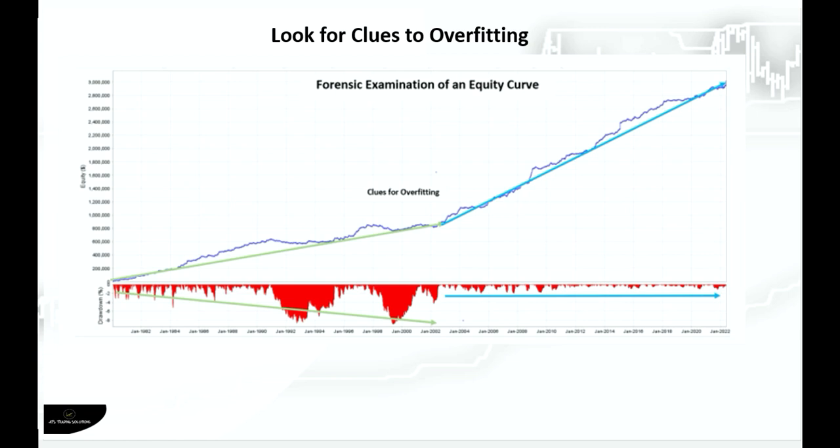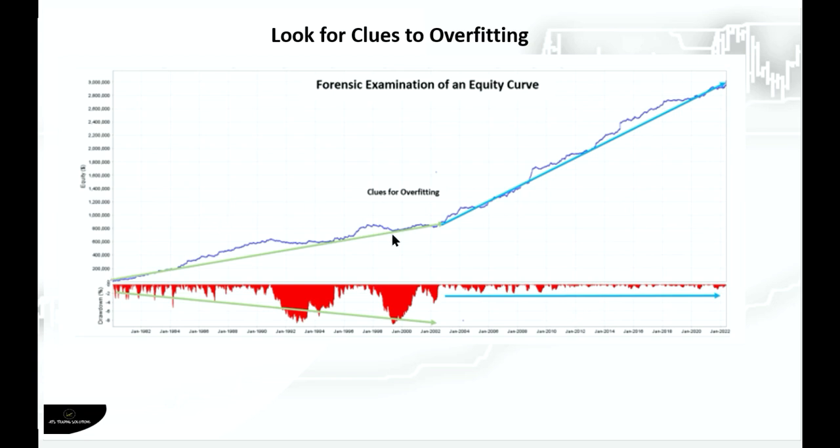So let's use a bit of critical logic to evaluate the backtest produced by our workflow process and identify which components of that backtest may be contributing to an overconfident illusion. So have a look at the relationship in this equity curve between the equity curve itself and the drawdown profile.